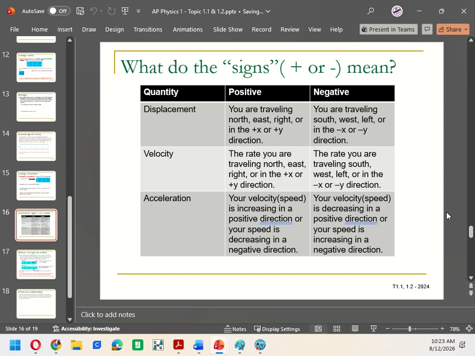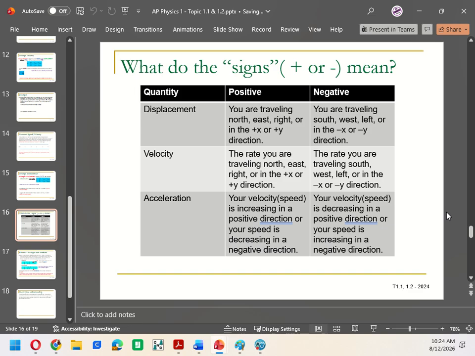You agree? So I'm still moving to the right, but I am slowing down. So, according to time, I'm still moving to the right, so it's a positive velocity, but slowing down.